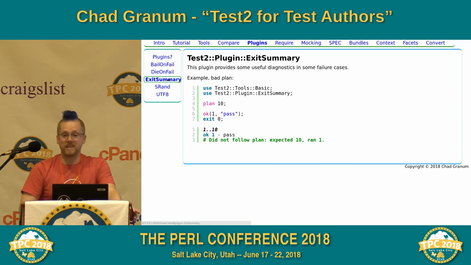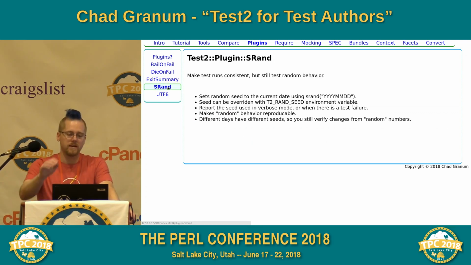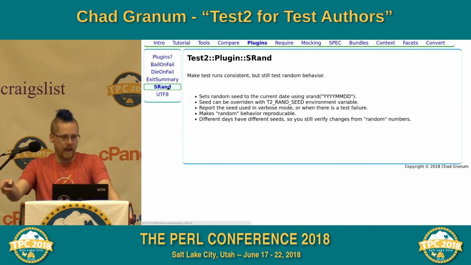Exit summary is something that's loaded by default when you use v0. It basically puts your diagnostics at the end of the test. srand, this is one of my favorites. This one will seed rand with today's date before anything else is done, so that on any given day, your random behavior is reproducible and predictable, but from day to day it will change, so you still get the test that you're not depending on the random seed. And whenever there's a failure, it will output what seed was used.